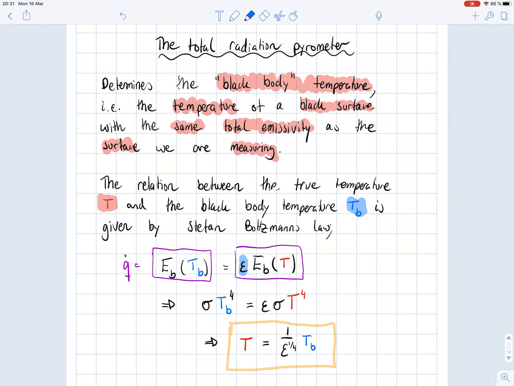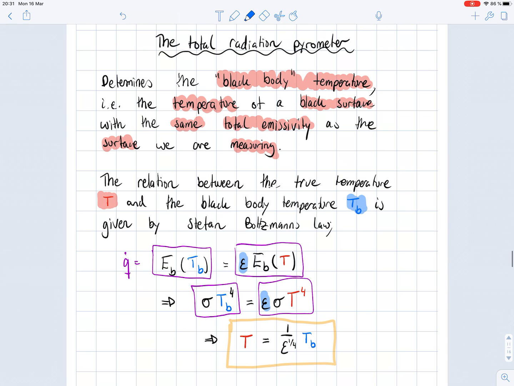That means that we set the pure black body emitted energy equal to the emitted energy weighted by this epsilon. Sigma is a constant on both sides of the equation, so those cancel. And we get the following relation between the true temperature and the measured black body temperature.